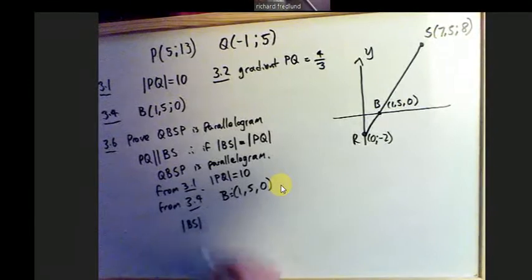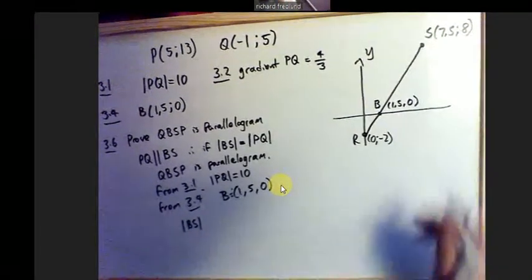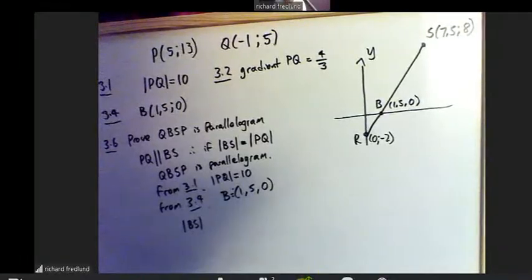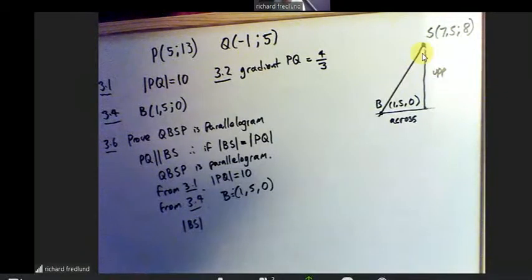So the length here. So again, we're going to use this formula, which, as I said before, is based on Pythagoras' theorem. So look at it, BS, we want to work out up and across. Let's do up first.